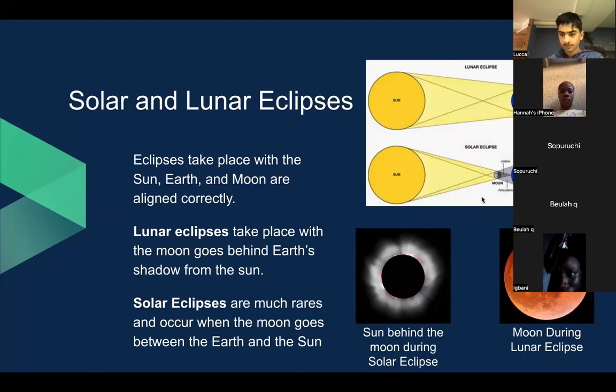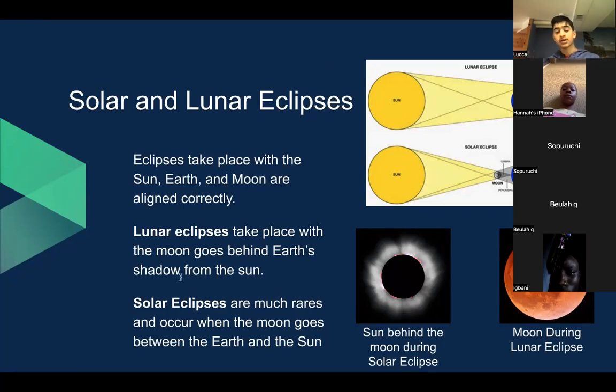So the moon can fully block the sun if it aligns correctly, which it does during solar eclipses. And lunar eclipses, because the moon is a lot smaller than the Earth, which casts a big shadow, are actually a lot more common because there are a lot more alignments that the moon could be in for it to work.